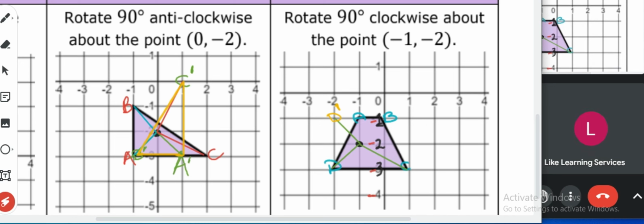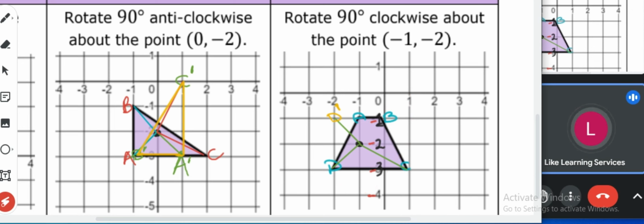Wait, now I'm confused. You see, this is the line you drew to C, and you went anti-clockwise to get a point instead of going clockwise.